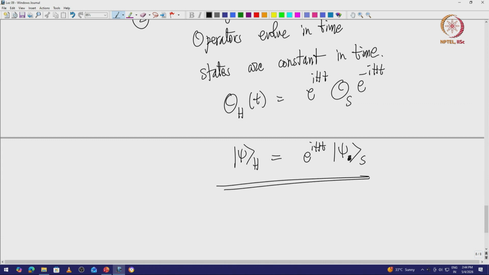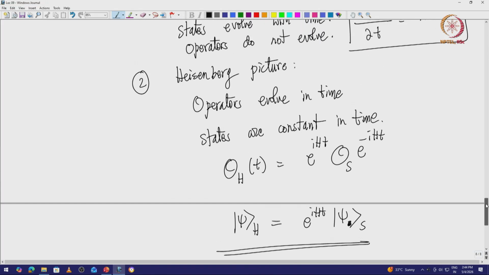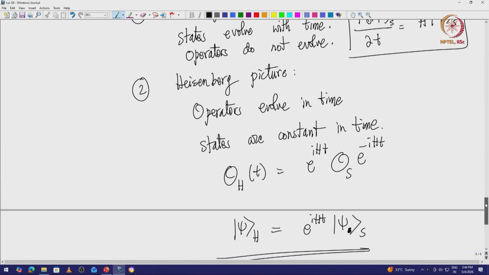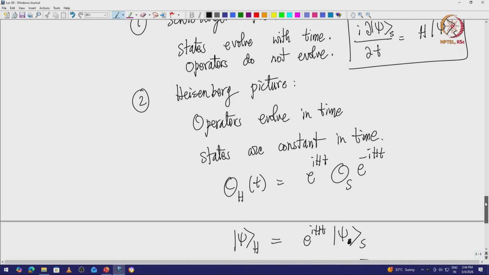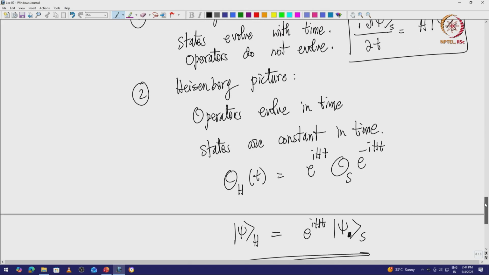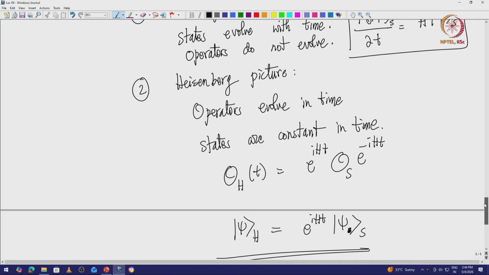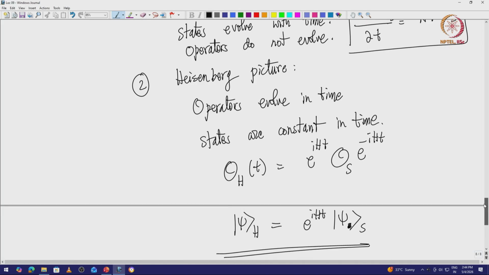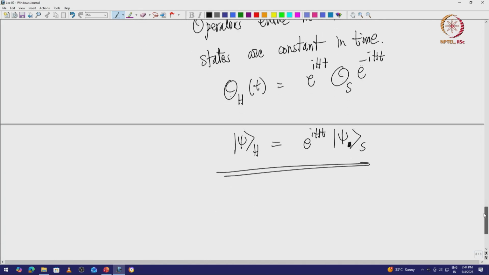These two pictures are different in philosophy and methodology. In one, operators do not evolve while states do; in the other, operators evolve, and the states do not.